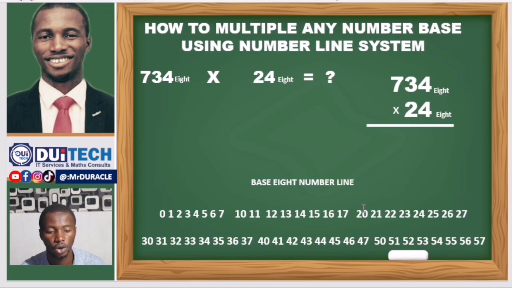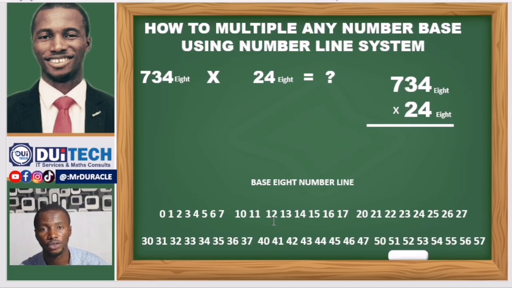So what you need to do is build the number line for the base that you're converting to. Like we have base 8 here, so we have to build a number line for base 8. Remember, when we say base 8, we're talking about 8 numbers or 8 symbols. So let's consider the symbols for numbering. We have 0, 1, 2, 3, 4, 5, 6, 7. There are 8 in number.